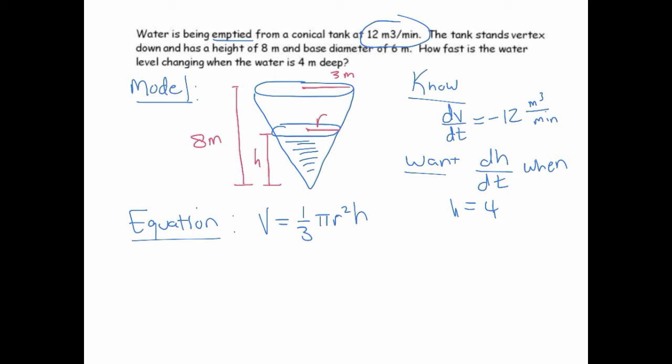Now, there are a couple options at this point. The first thing is please don't substitute any variables in yet. You have to take a derivative first. But the second thing is the issue here is that the volume is expressed in terms of two variables, r and h. It would be great if we could make a substitution so that it's only in terms of one variable. That's usually going to be more convenient and make the problem a little easier.